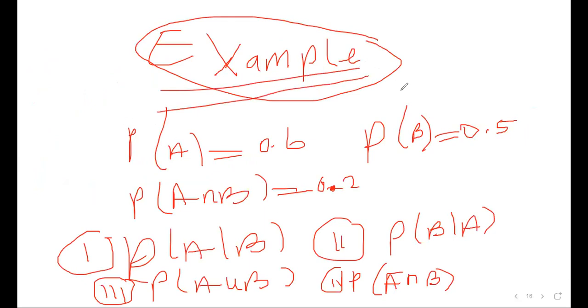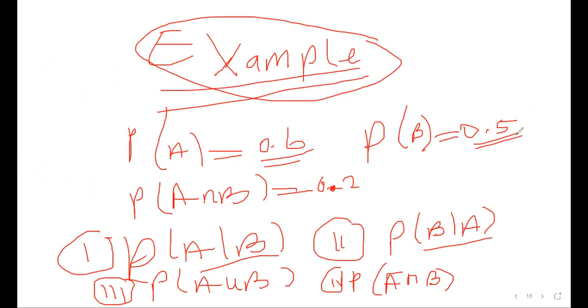Who can answer the quiz question for us? Probability of A is 0.6. Try it now. A given B and B given A are conditional probabilities. Are we together? Yes, we are. So answer for me.